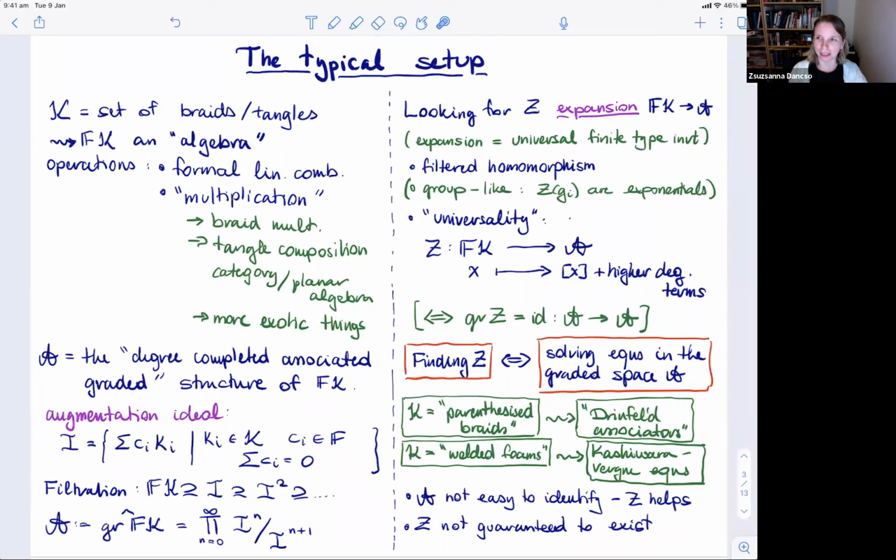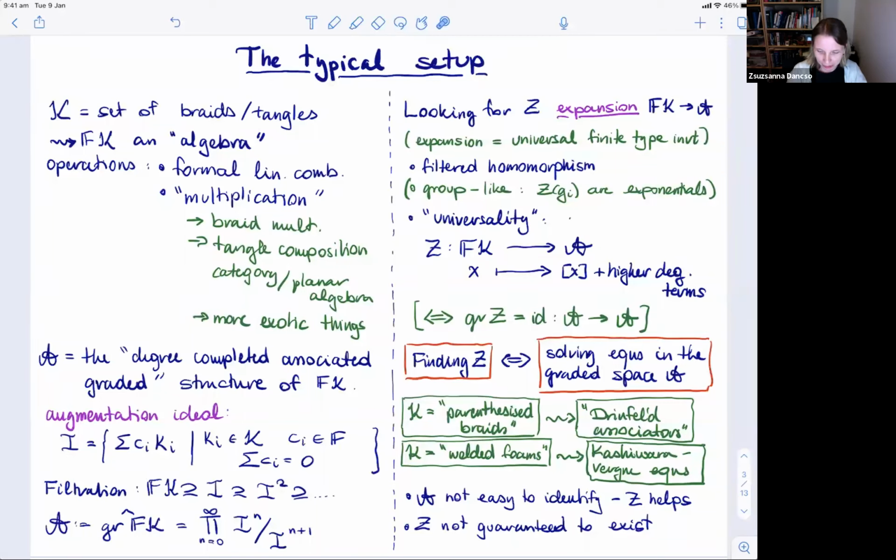But there's another word that's more used on the group theory side, which is an expansion, inspired by Taylor expansions. So an expansion from Fk to A is, first of all, a filtered homomorphism. There's a condition that it be group-like, but don't worry about it too much. That probably doesn't make sense at the moment because we haven't talked about any Hopf algebra structure on A, and for the purpose of this talk, we can basically ignore it.